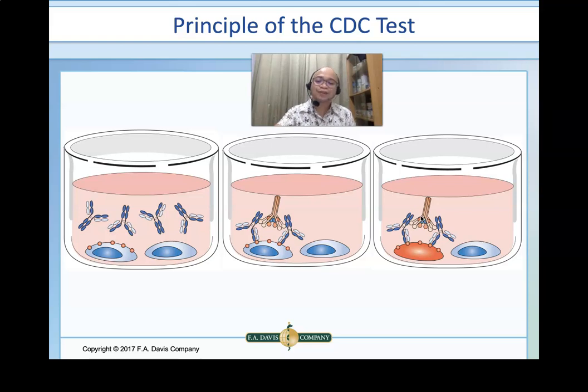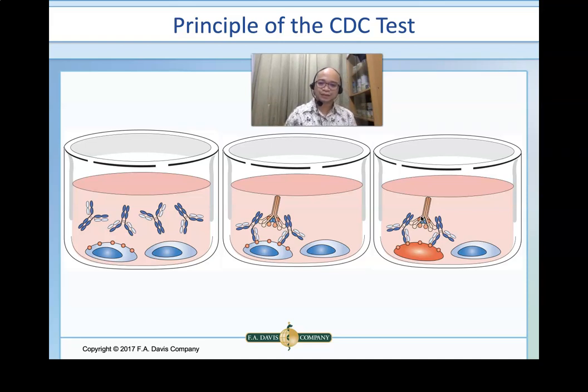Score 4 is 21 to 50% cell death, weak positive. Score 6 is 51 to 80% cell death, positive. Score 8 is 81 to 100% cell death, strong positive, and 0 is unreadable.